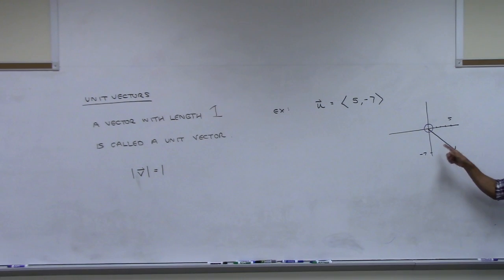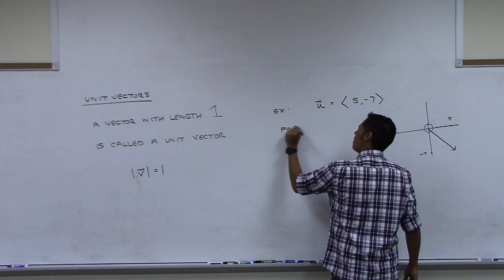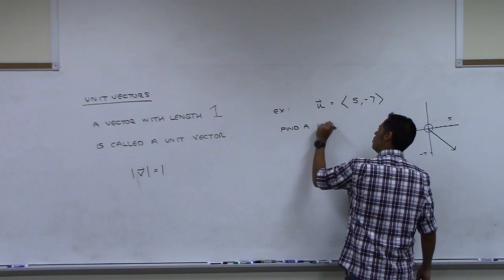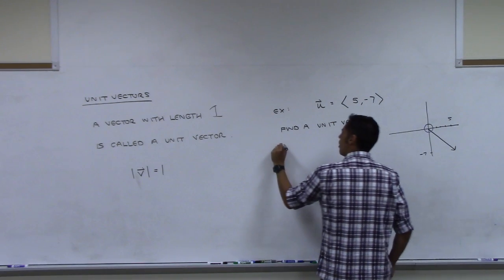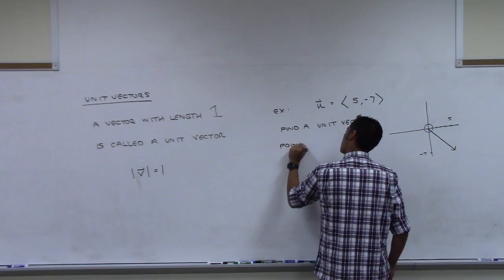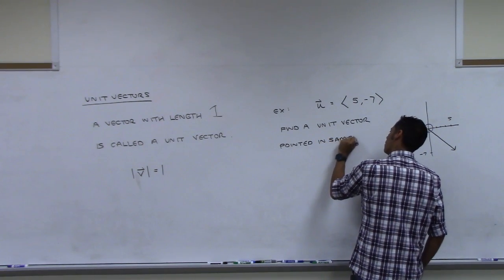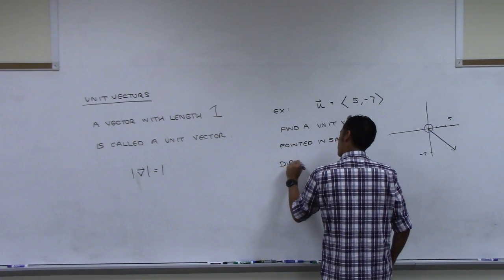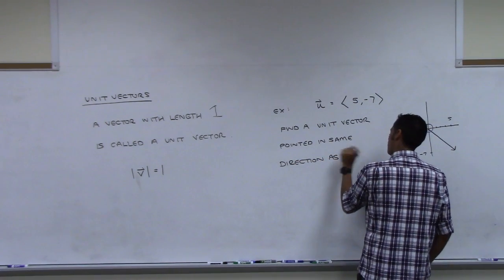Can we find a unit vector pointed in the same direction as u?